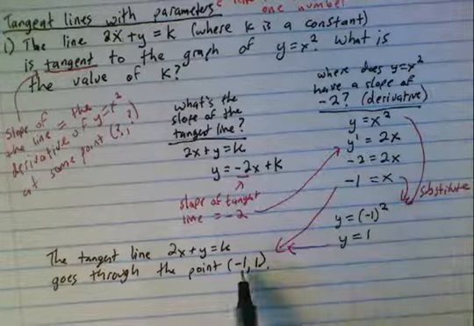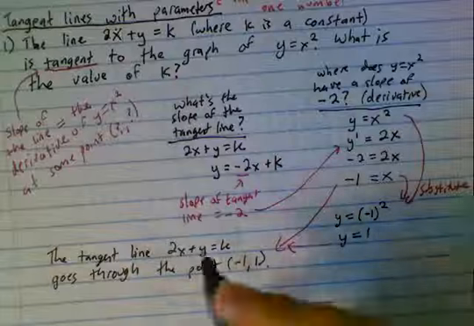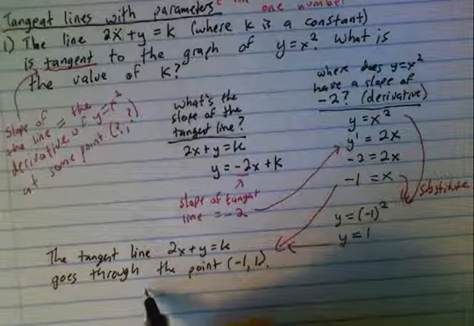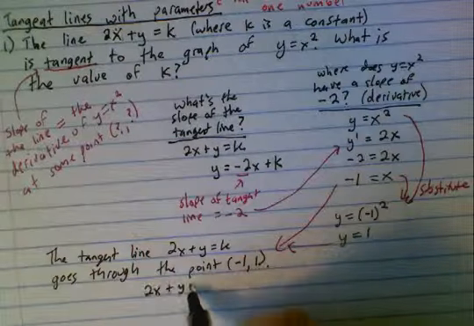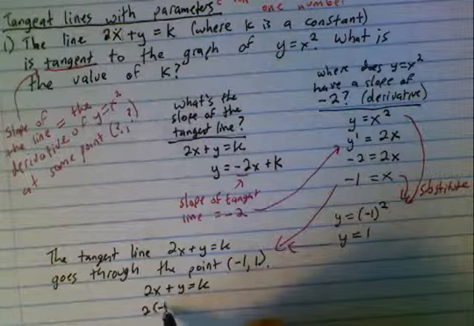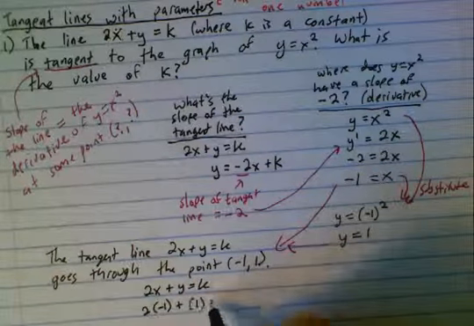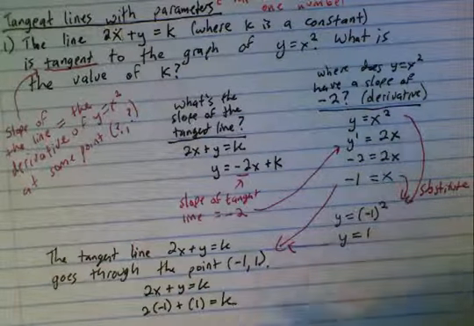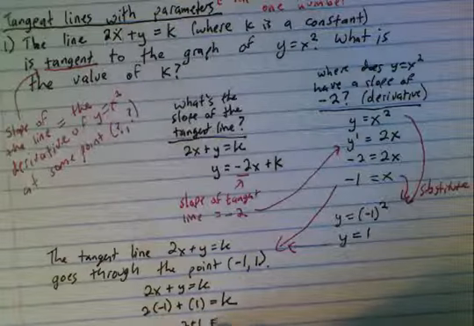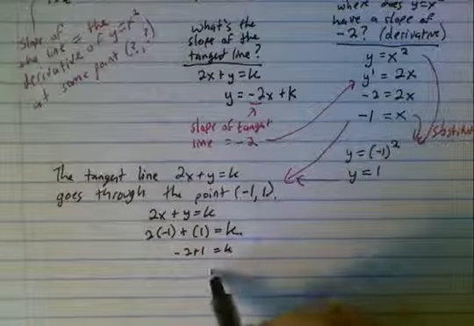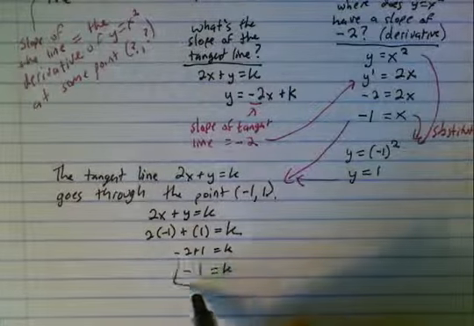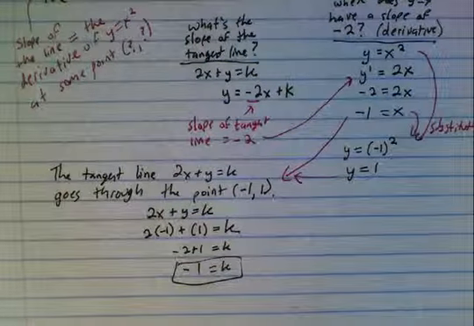So that means that we can use this, substituting for x and y, solve for k. And there we go. k equals -1.